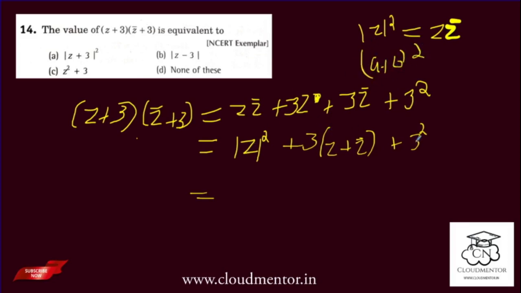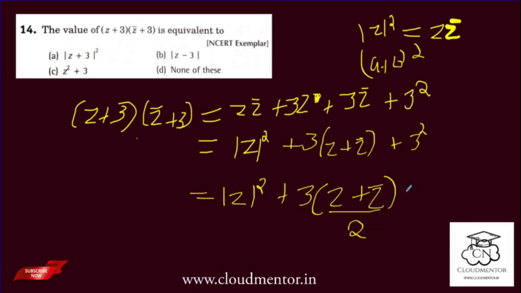We have a square and b square now, so let's look if we can convert this one. I can do that like this: modulus z square plus 3 of z plus z bar by 2, and to make it not change I'm multiplying with 2, so they will cancel out, and plus 3 square.